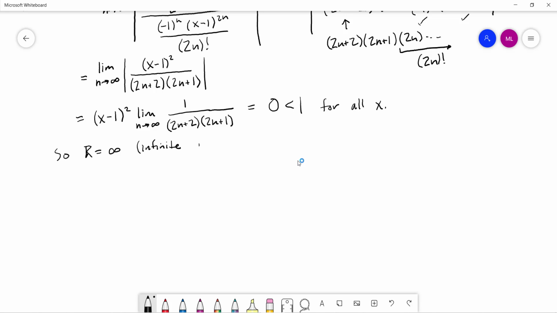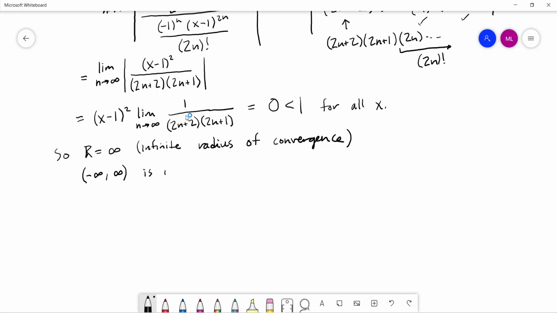Infinite radius of convergence, which is a little more notationally correct than writing r equals infinity. Infinite radius of convergence, which means similarly that our interval of convergence is from negative infinity to infinity.